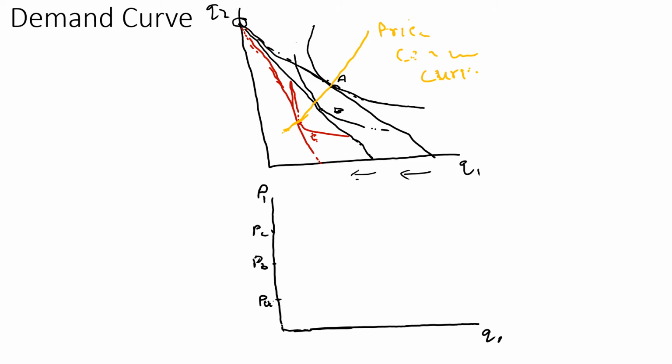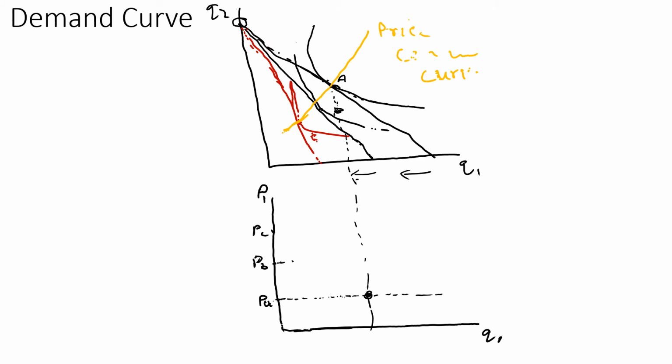And let us extend the quantity on those prices. When we have lower prices at PA, the quantity demanded was Q1. So this was the quantity demanded at this point.